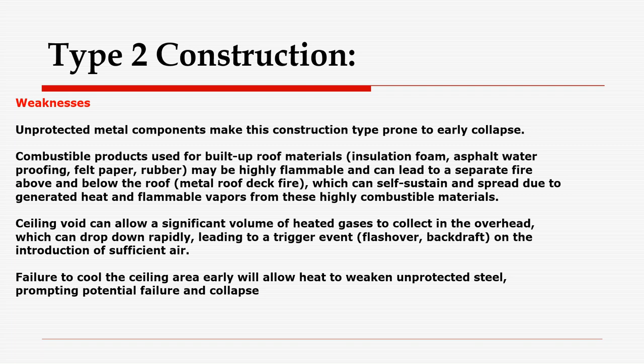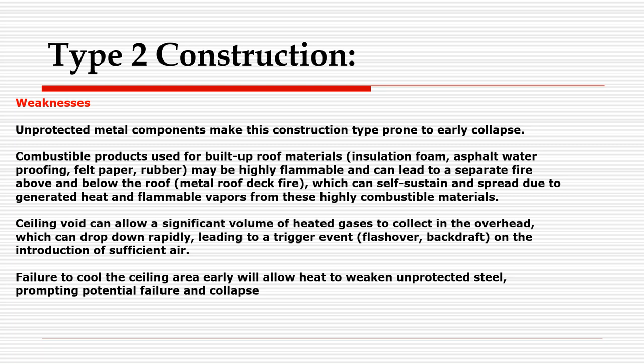Combustible products are used for built up roof materials, so your various layers of roofing on top, might be like your insulation foam or your asphalt or your felt paper, rubber. They all can be very flammable and can lead to a separate fire above and below the roof, which can spread as well.